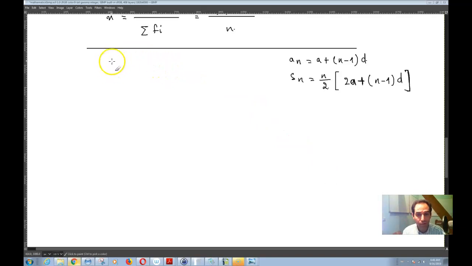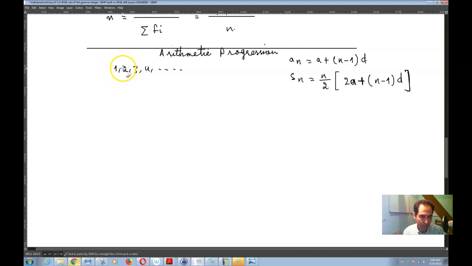So if I have some arithmetic progression like 1, 2, 3, 4, and so on and so forth, n terms, you see that first of all, this is an arithmetic progression because you can get every term if you add 1 to the previous term.